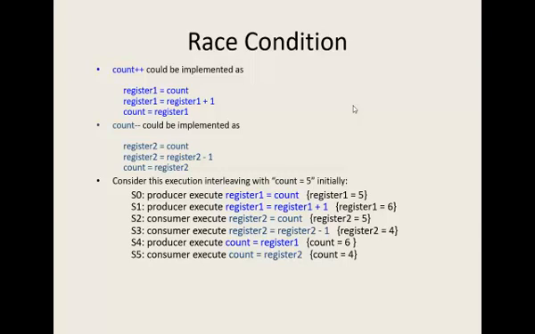So when we run the producer once and the consumer once, the count value should be 5. But here, the answer would be either 4 or 6, so both are not correct. This is the problem in process synchronization, right? When the sequence is wrong, you will get a wrong answer.